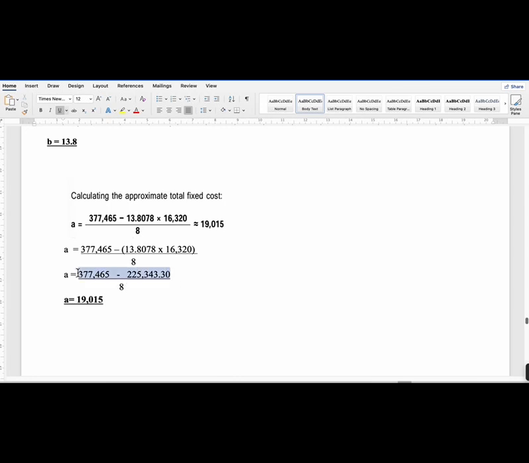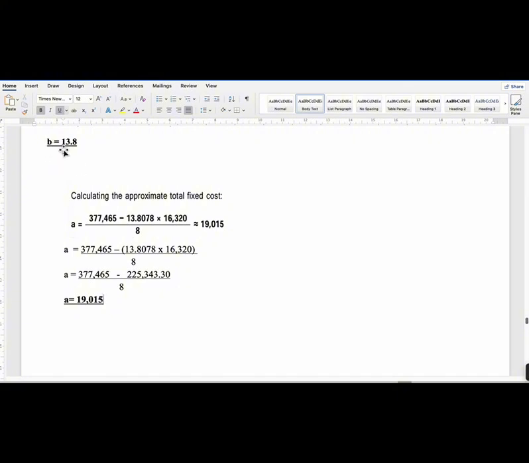Once we get the answer here, divide it by 8. And then we get the final answer for A, which is our fixed cost, 19,015.